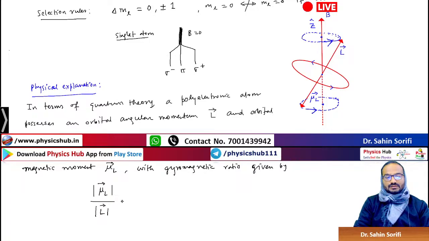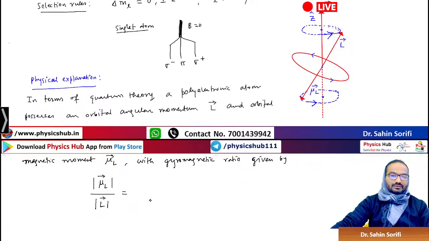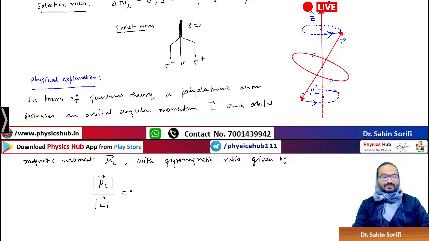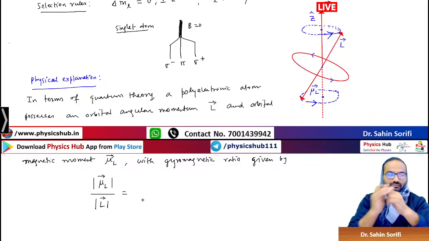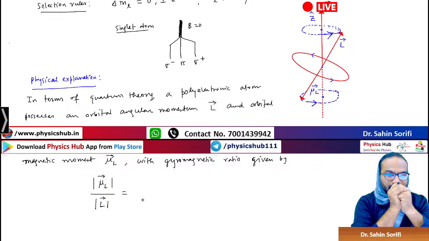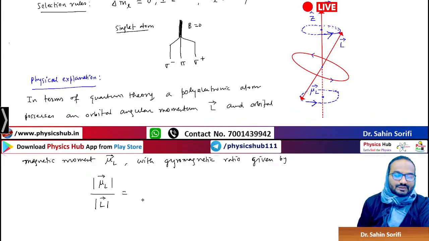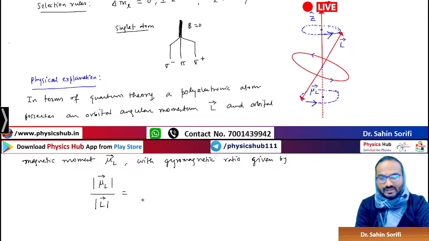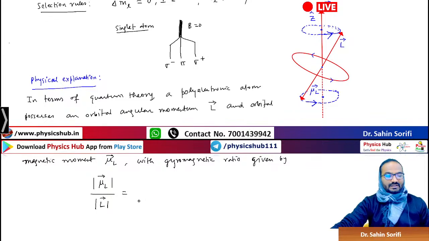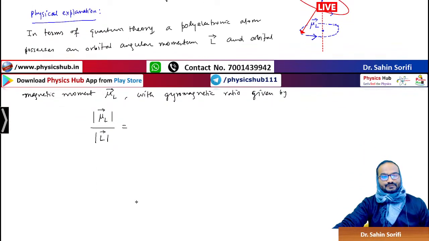What value did we get for this? Tell me. You can see the direction of mu L and L is opposite. What is the ratio of mu L by L? This is a very important thing. Gyromagnetic ratio gamma. Tell me the value of this ratio.